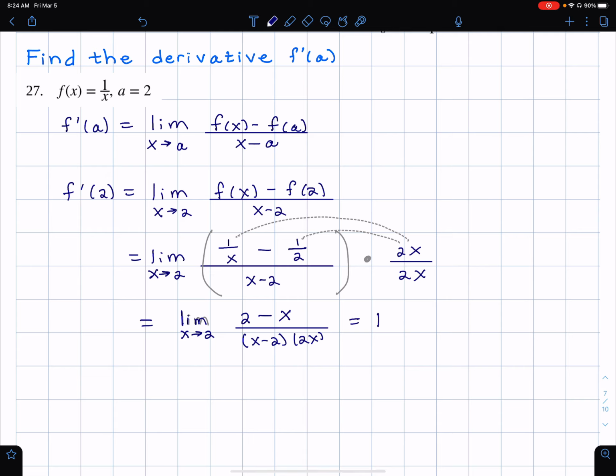And my little trick here now is that I want to reverse the order of that difference. I have 2 minus x. I want x minus 2. In order to do that, I just factor out -1. Factor out -1 there.